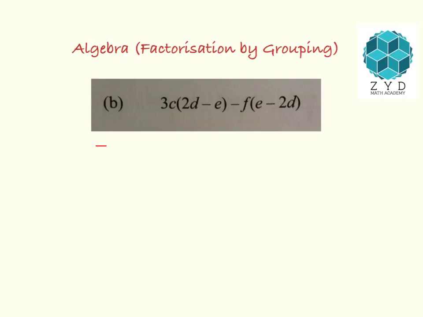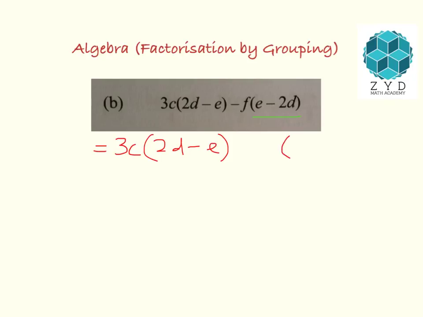First, we write down the 3c and the 2d minus e here. Let's keep the factor on the left constant, the same. Now we want to make this e minus 2d the same as 2d minus e. So what we should do is ignore this minus f first.